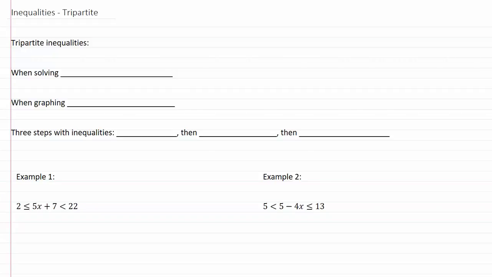Tripartite inequalities are when we have a variable between two numbers.